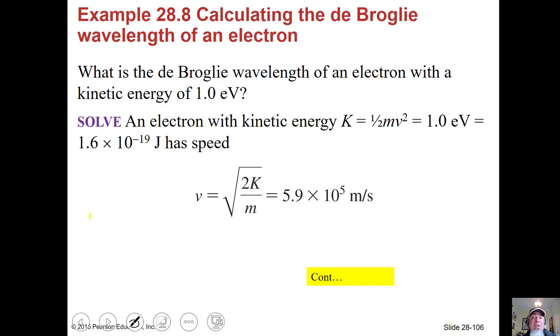Here's an example. What is the de Broglie wavelength of an electron with a kinetic energy of 1 eV? Okay, so electrons are small. Sometimes wave-like behavior of electrons actually does come out. If you shoot an electron through a really small hole, you will see that it will behave like a wave.